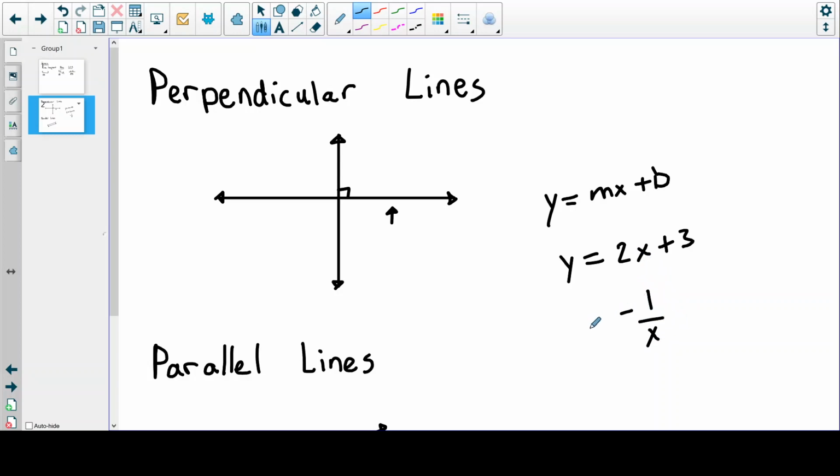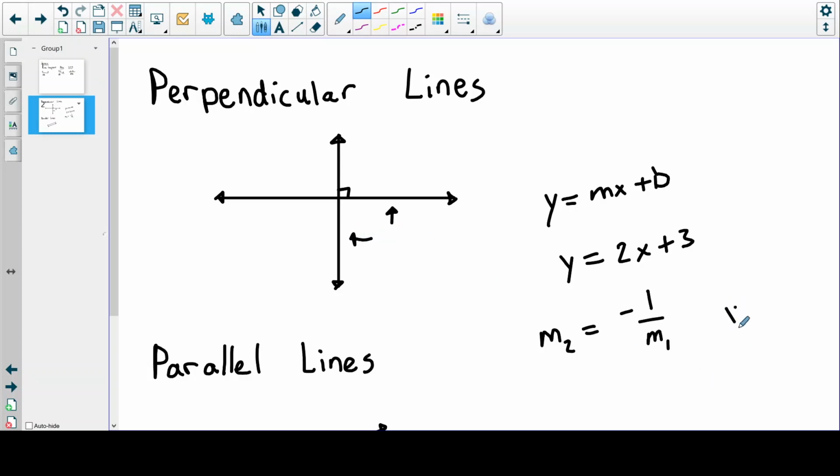If we use this equation, let me switch the notation here real quick. It's not going to be x, it's going to be m. So you can sometimes see it as m1 equals the negative reciprocal of m2. Basically you flip it and switch the sign, and that's the slope of the other perpendicular line, which is this line in our example.